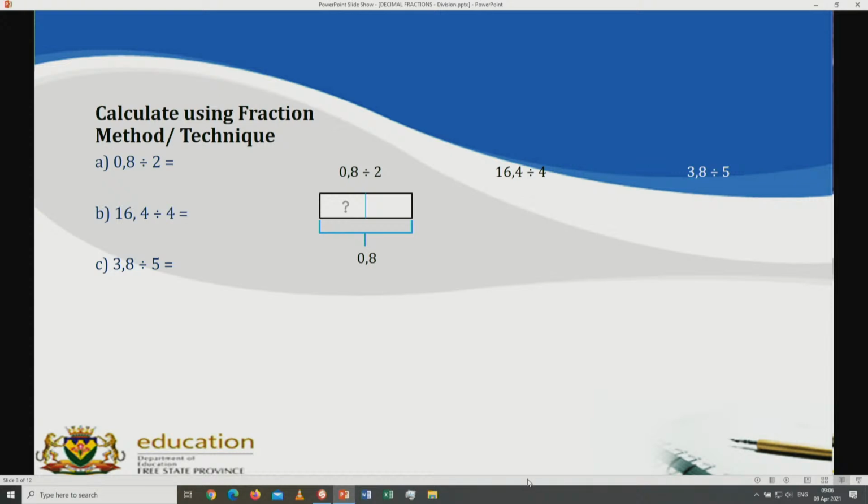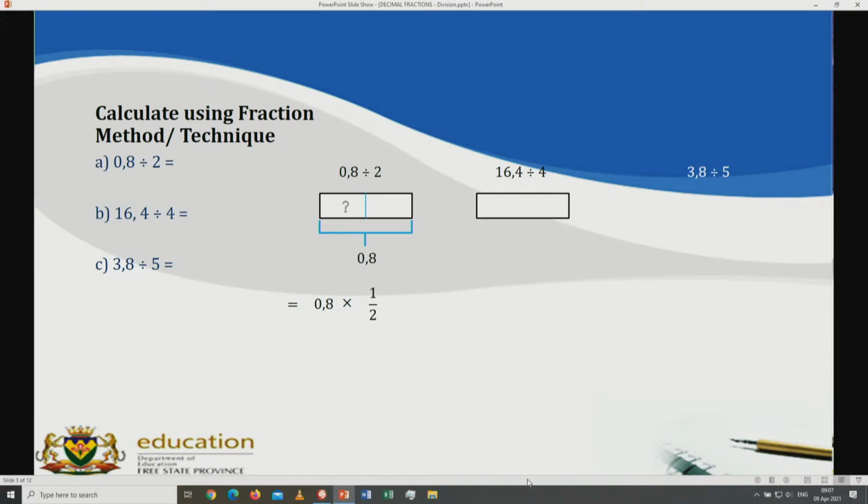It's one part of the 2 equal parts, which means it's a half. In actual fact, when we divide by 2, it means that we want to know the half of 0,8. In terms of a number sentence, we say 0,8 multiplied by half, which means it's half of 0,8.